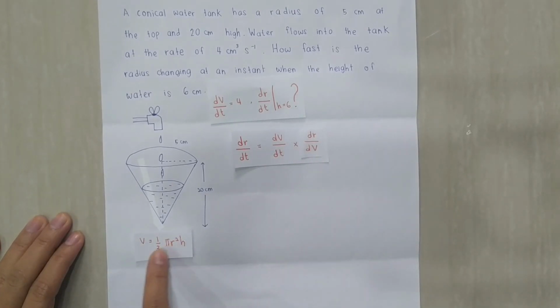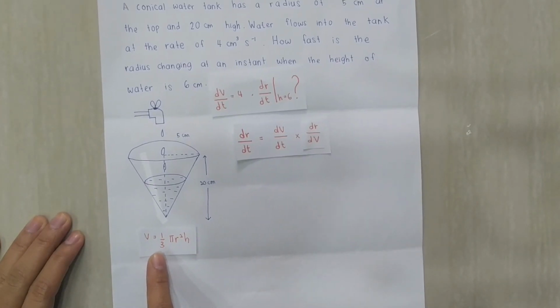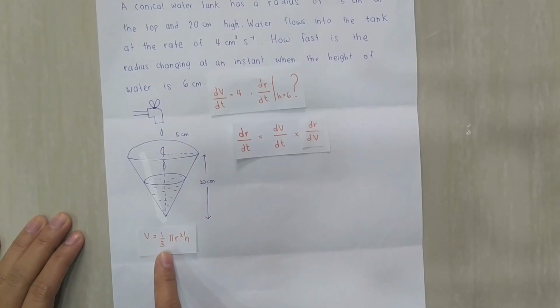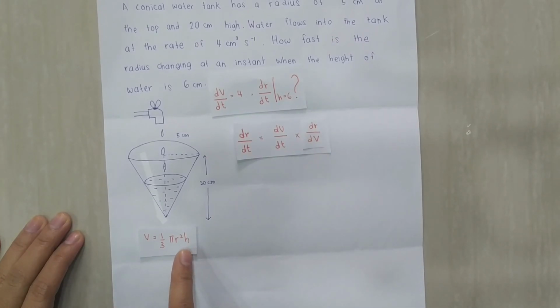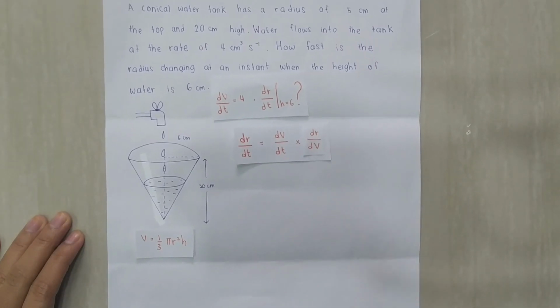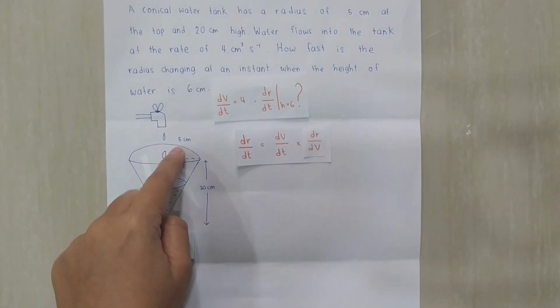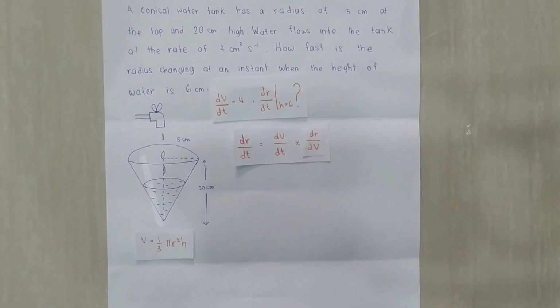So from the formula here, we can differentiate V with respect to r because we want dr. To remove the height, we should substitute it. We have radius 5 and height 20.